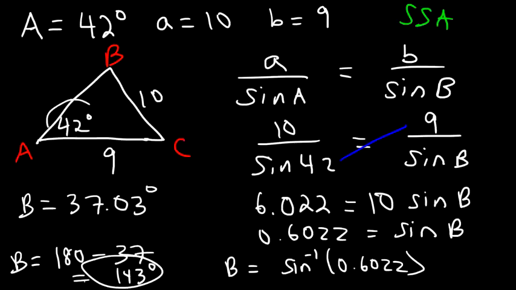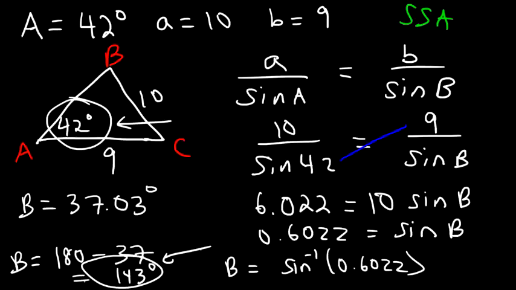If you add angle A and angle B, 42 plus 143, that's 185. That exceeds the maximum angle that could be inside a triangle, which is 180. The sum of all three angles in a triangle has to be 180. So if these two angles exceed, or equal, 180, it won't work.